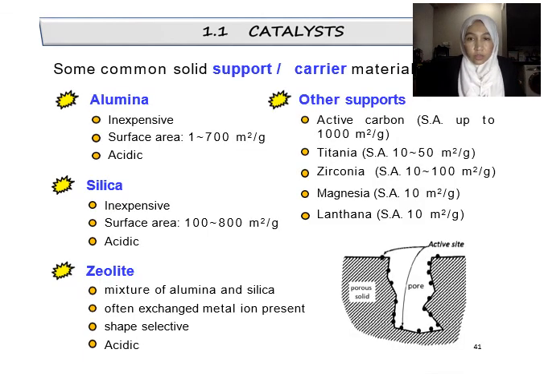Just to give you examples of solid catalyst supports, some of the support materials are alumina, silica, zeolite, and other types of support, maybe carbon, titania, zirconia, magnesia, and also lanthanum.